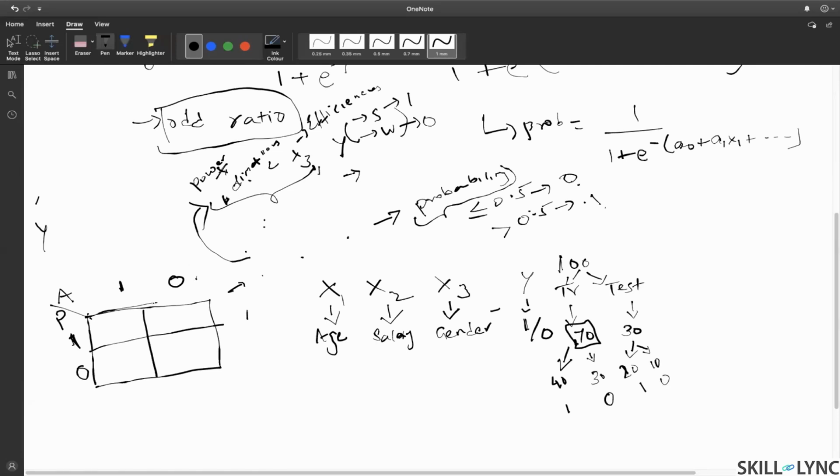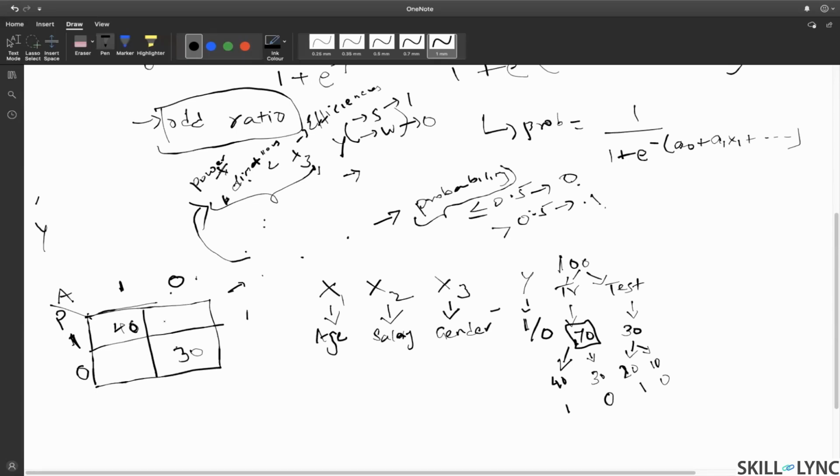So let's take this. What do we think? If in actual it is 40 ones, we assume that predicted ones should also be 40, right? If the actuals are zeros, the predicted ones should also be zeros, right? So I am creating a confusion matrix for only the training data set. Okay, 30.